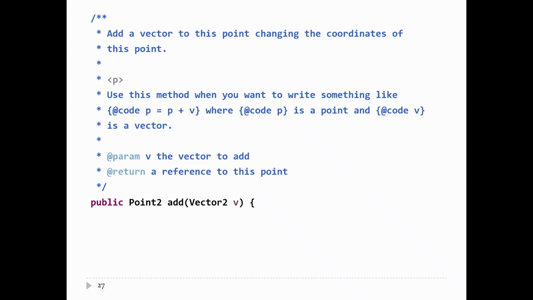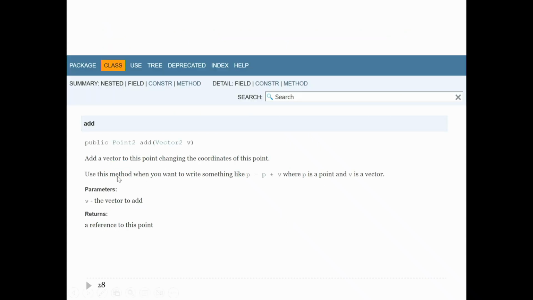Notice again, verb. We want a second paragraph, so we use the p tag, and then we place in extra documentation for this particular method. This particular method has this nice comment here that says use this method when you want to write something like p equals p plus v. And when you generate the documentation, you'll notice that a paragraph is inserted here.